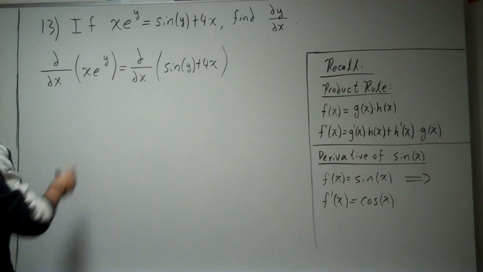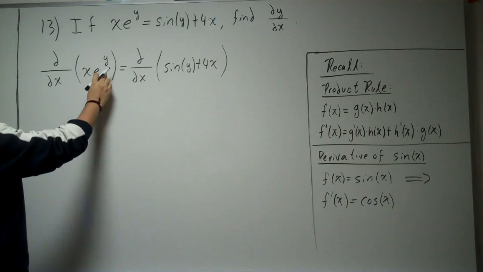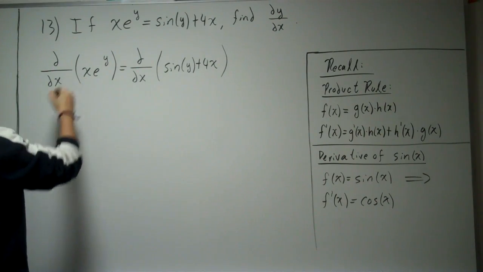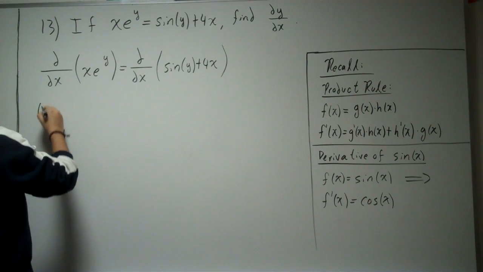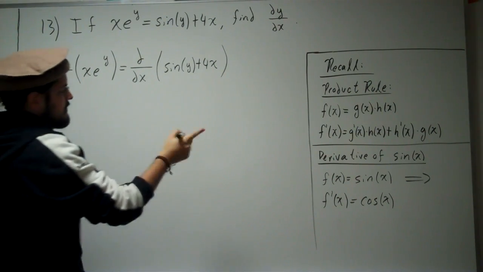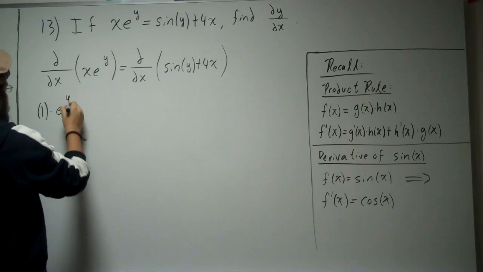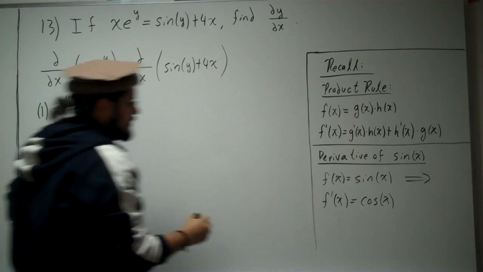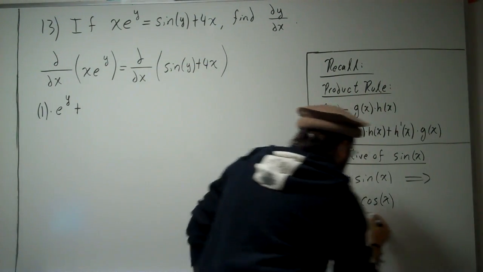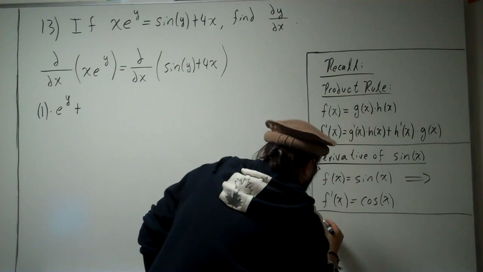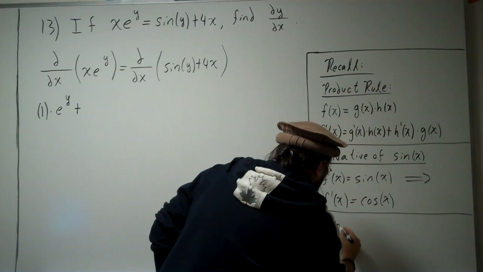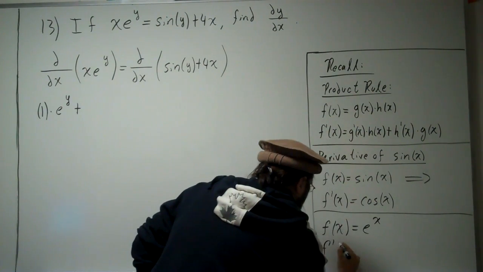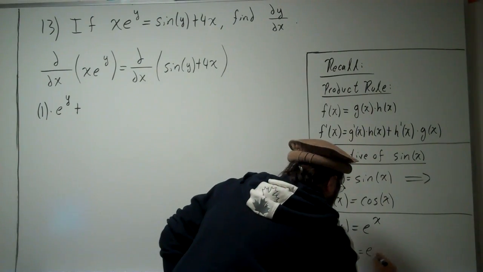By doing that, I have a function times another function, so I must use the product rule. The product rule states: the derivative of x, that's 1, so we have 1 times e to the y, plus the derivative of e to the y. Also another thing I forgot to recall here: the derivative of e to the x is just e to the x.